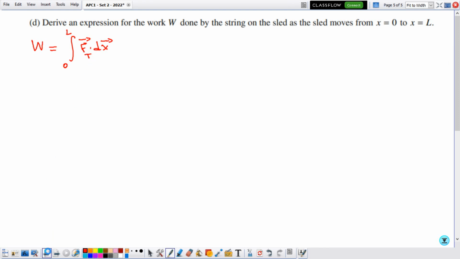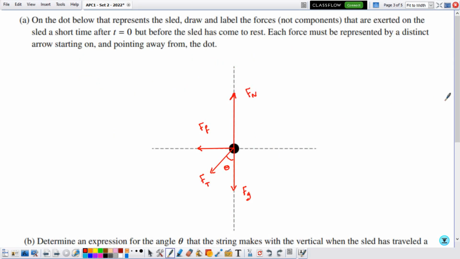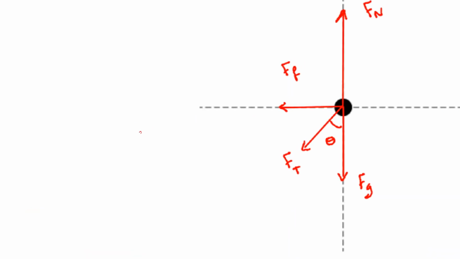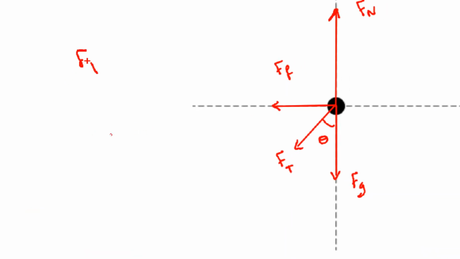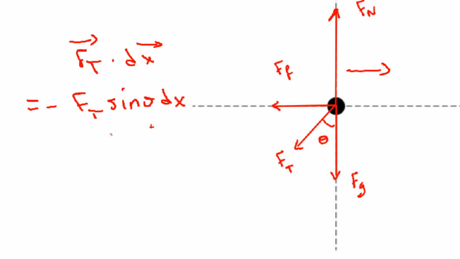Now referring to the FBD, Ft dot dx is the projection of the force along the displacement. The displacement is along the right, and that would be minus Ft. The projection of Ft along the horizontal, which is the displacement, would add an additional sine theta function multiplied by dx.